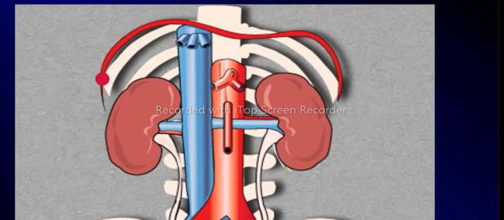The ones most anterior in blue are tributaries of the IVC. This is the right renal vein, left renal vein, and then behind them, those are the respective arteries. So here we have the right renal artery, and then here we have the left renal artery behind the left renal vein. Kidneys form urine, and then that urine is brought down by the ureters, these white tubular structures on either side of the great vessels.